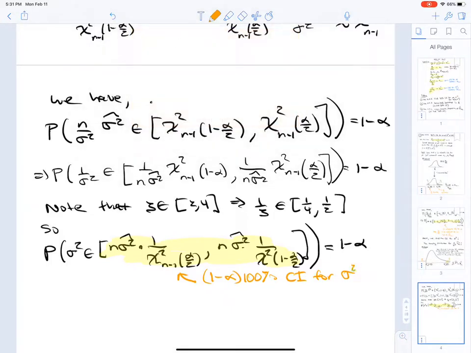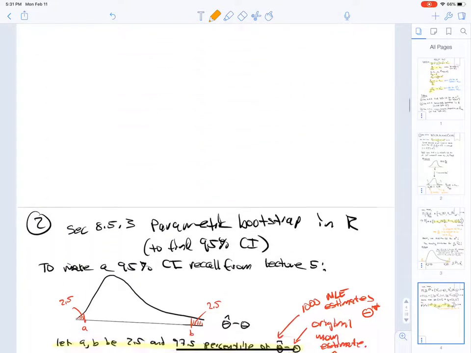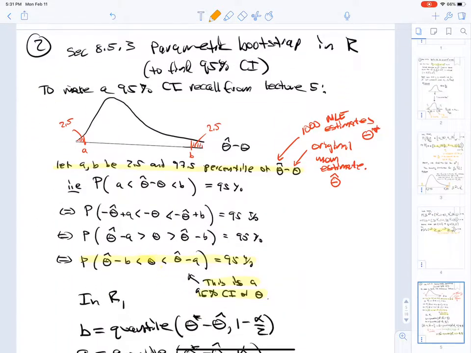Okay. So next, let me tell you about parametric bootstrapping. First of all, let's review what a 95% CI is.